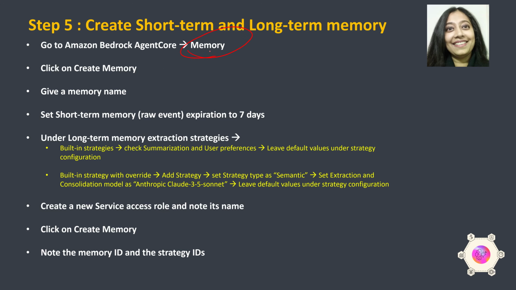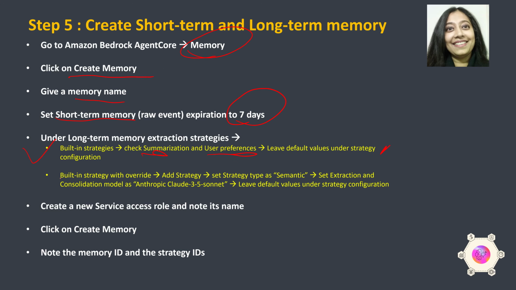Click on create memory, give a memory name, and set the short-term memory to 7 days of expiration. Under long-term memory extraction strategies, this is where we are going to use built-in strategies for summarization and user preferences. Leave everything as default.